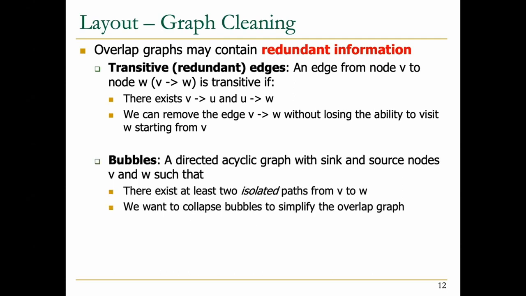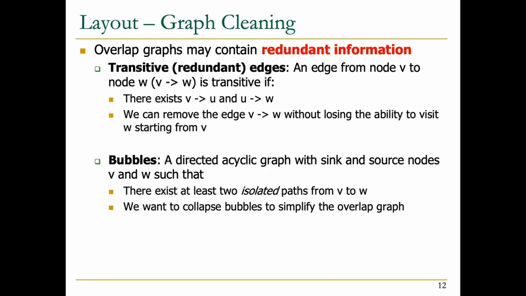Another term is bubbles, which is slightly similar to transitive edges, but there are slight differences. Bubbles are directed acyclic graphs, where the source and sink nodes, assume that these are V and W, are such that there exist at least 2 completely isolated paths from V to W. And if there are such 2 isolated paths, the assumption is that we can collapse one of these bubbles so that we can simplify the overlap graph.